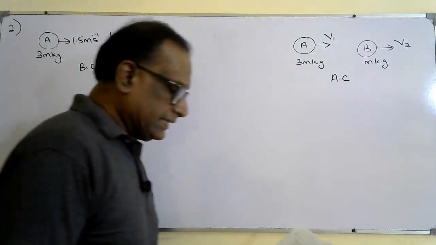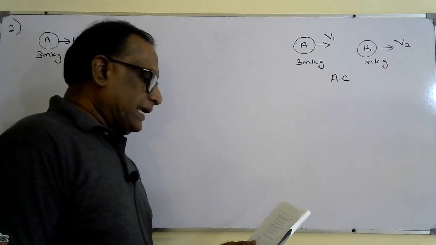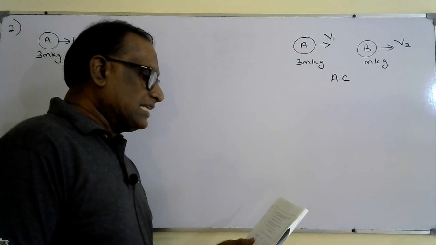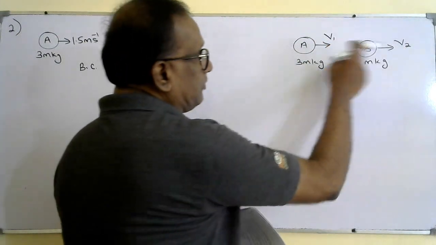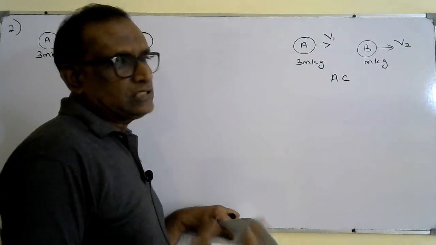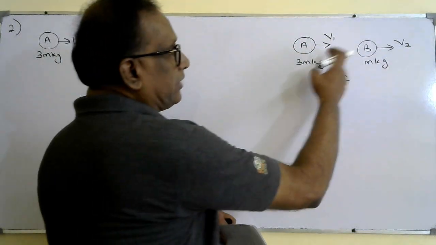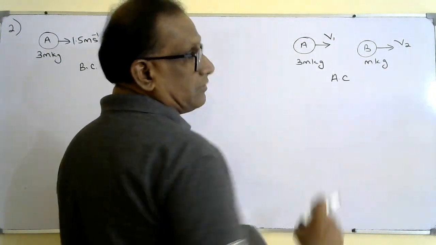But also they are saying that the difference between the speed of A and speed of B is 1 meter per second. That means the difference between V1 and V2 is 1 meter per second. Which one could be bigger, V1 minus V2 equal to 1 or V2 minus V1 equal to 1?